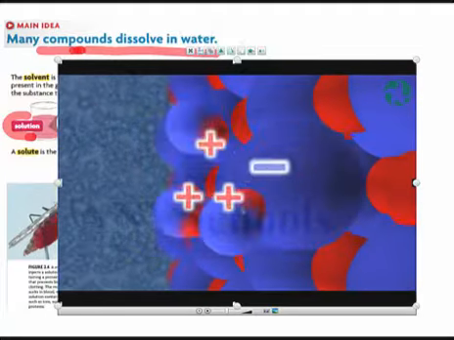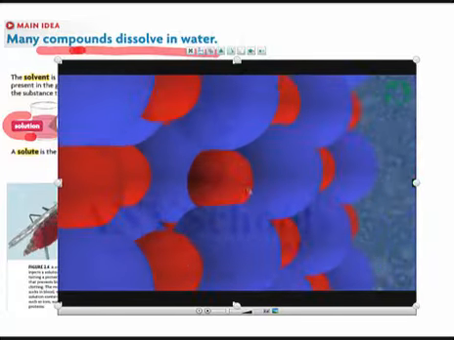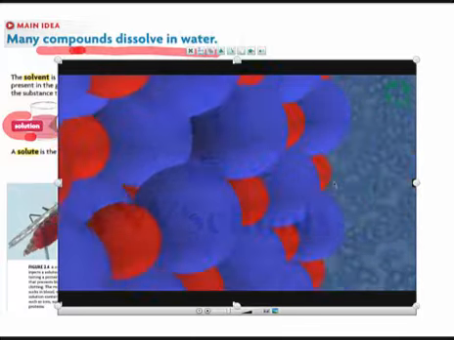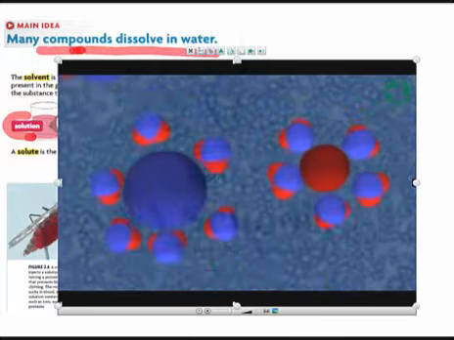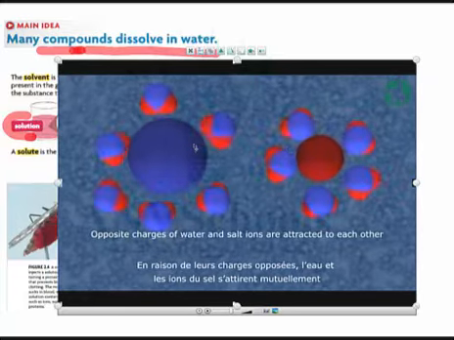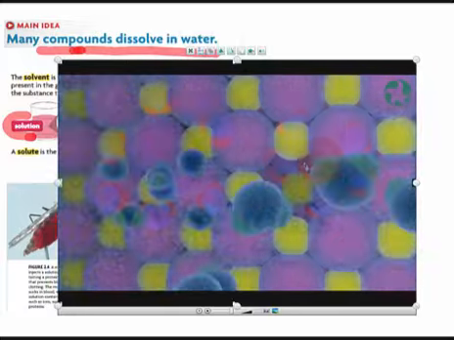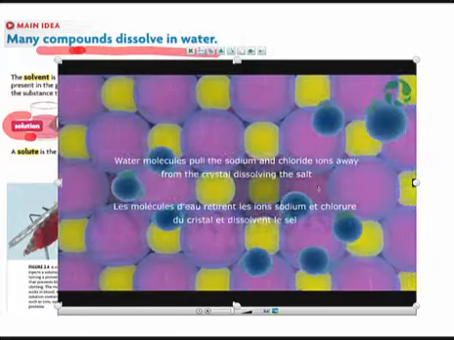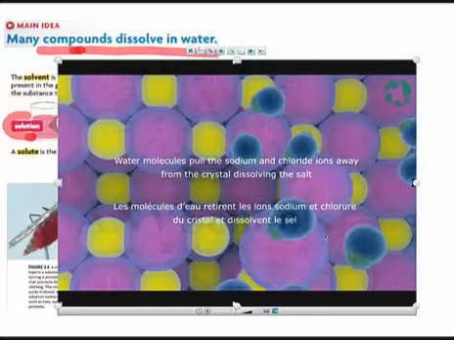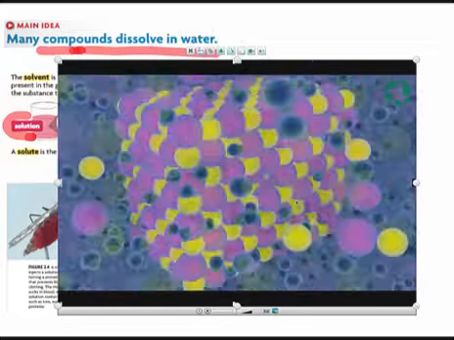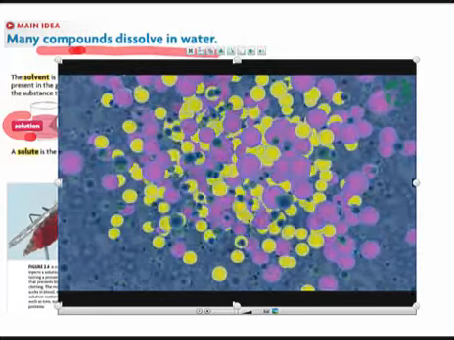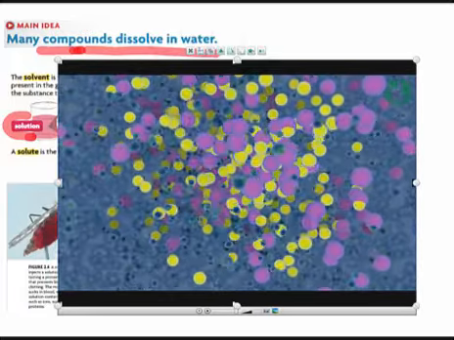To break up sodium chloride, the water molecules' positive hydrogen ends come and attach themselves to the negative chloride ion and pull it apart from the sodium chloride. As it does that, it breaks down the sodium chloride into its parts, and we end up having what we call a solution.